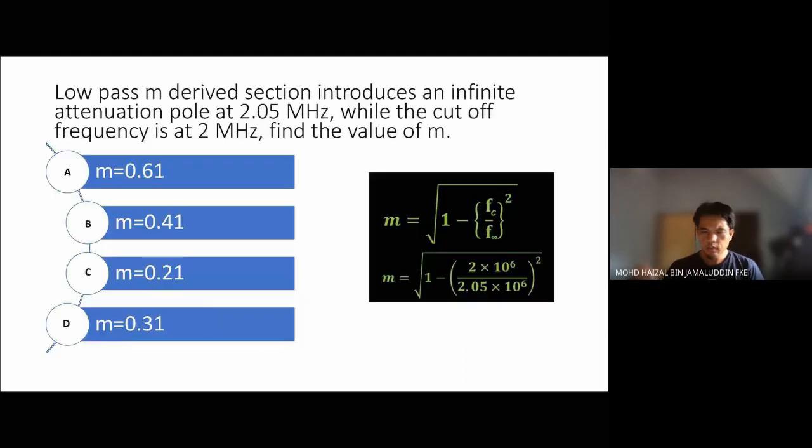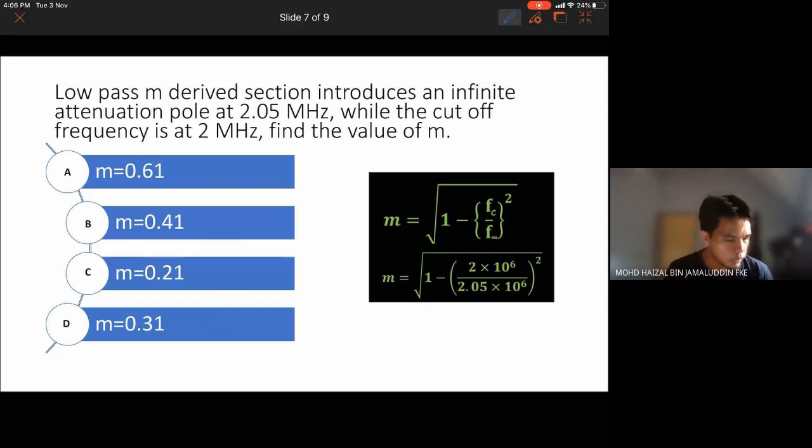We use this formula, m equals the square root of 1 minus omega c divided by omega infinity, to the power of 2.